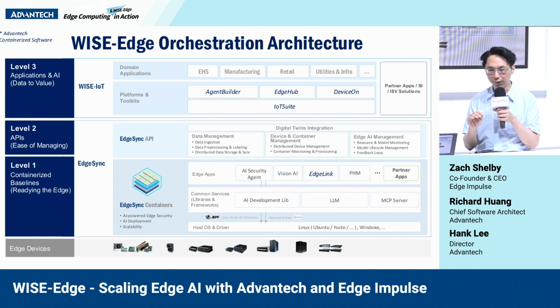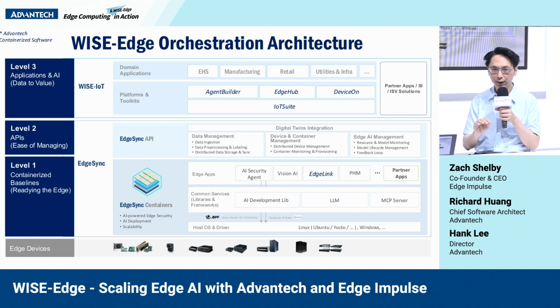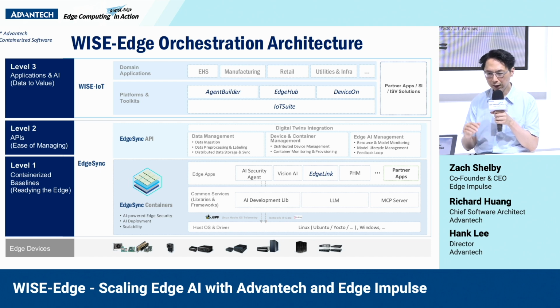The third level, I believe most of you are familiar with. They are traditional industrial software, such as we have IEMS for energy management, or the IoT suite for data collecting and analysis. And level 1 and level 2 are the new layers that we give for our developers, or you can say for our customers.